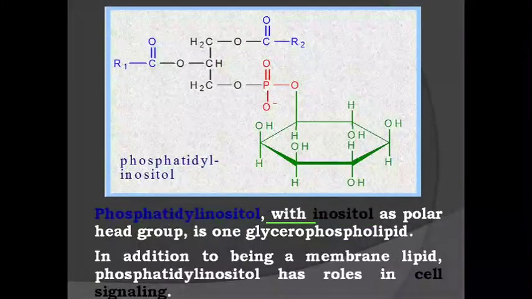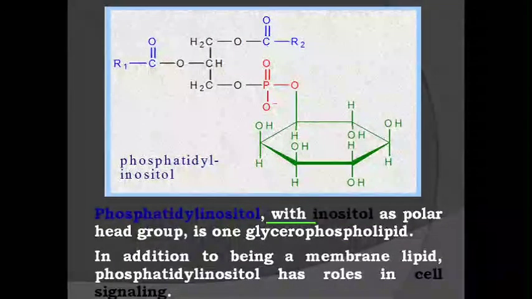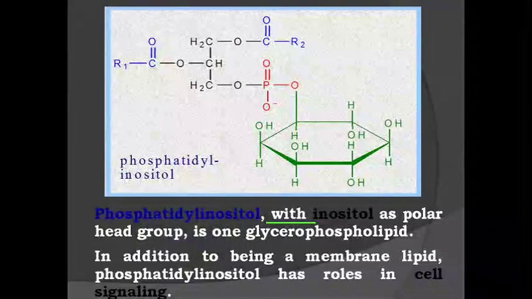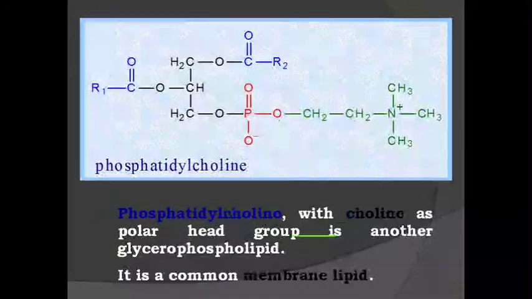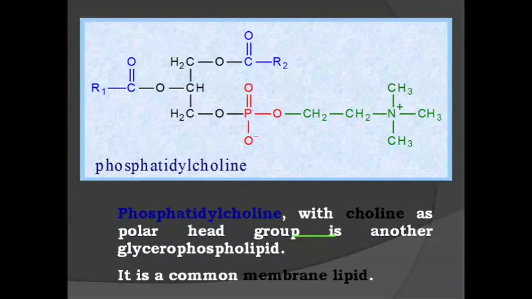This is the structure of phosphatidylinositol, which has an important role in cell signaling. Phosphatidylcholine has choline as a polar head group. It is also found as a common membrane lipid.